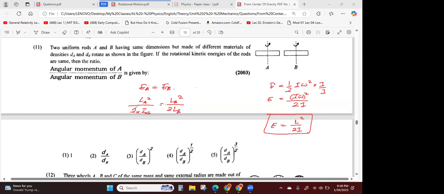All right. Now we want the ratio of LA to LB. So the 2 and 2 cancel.